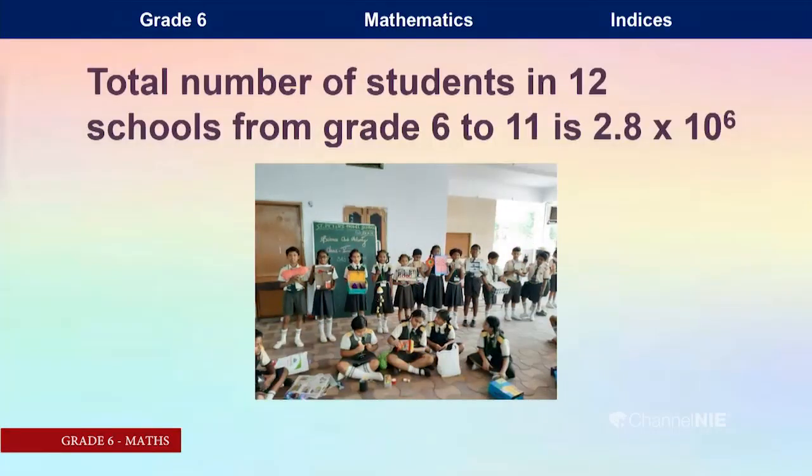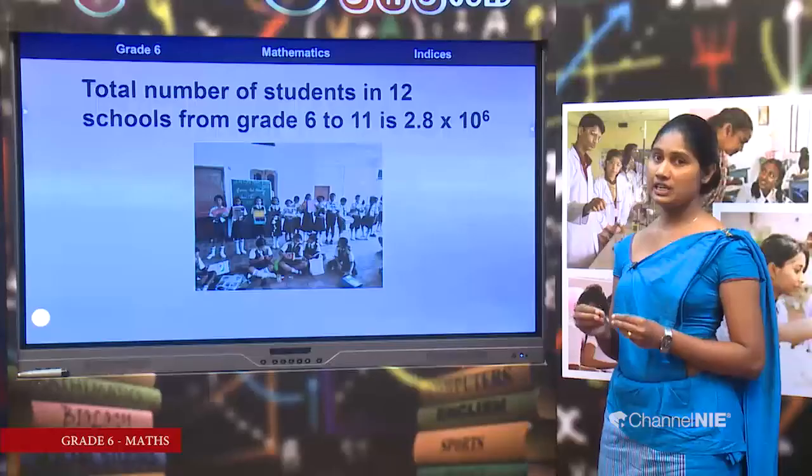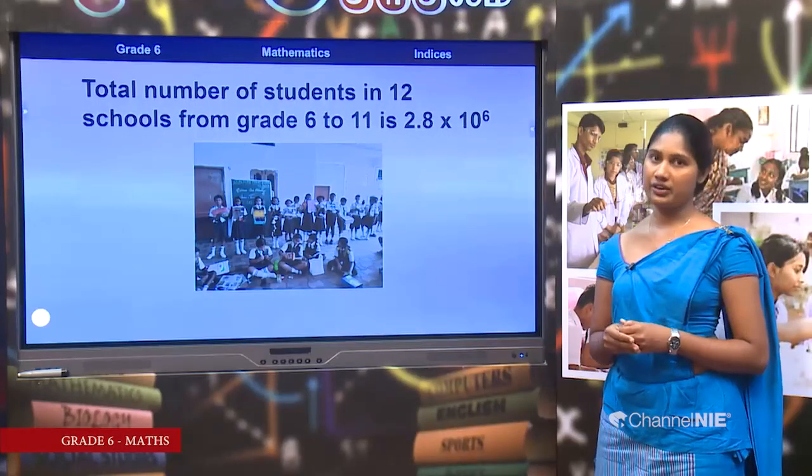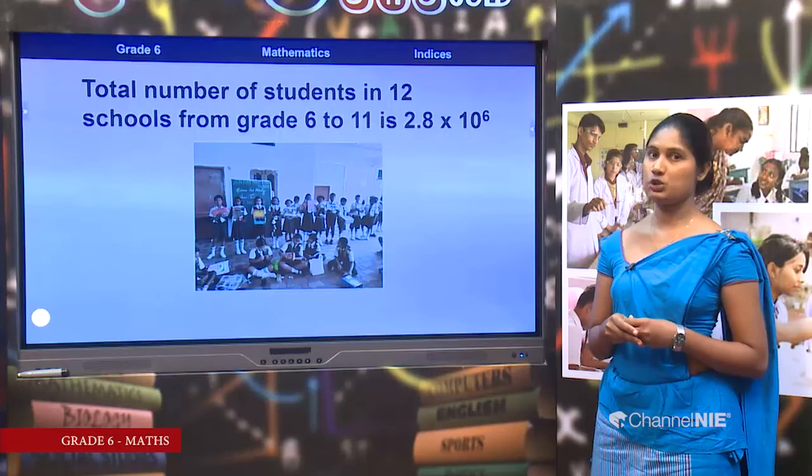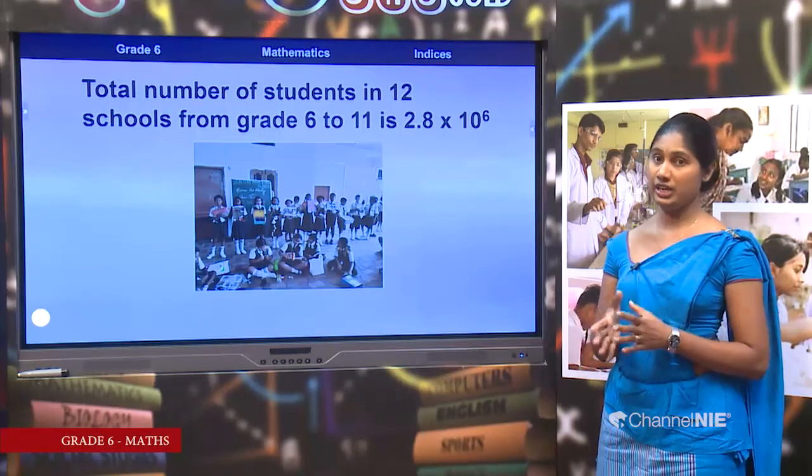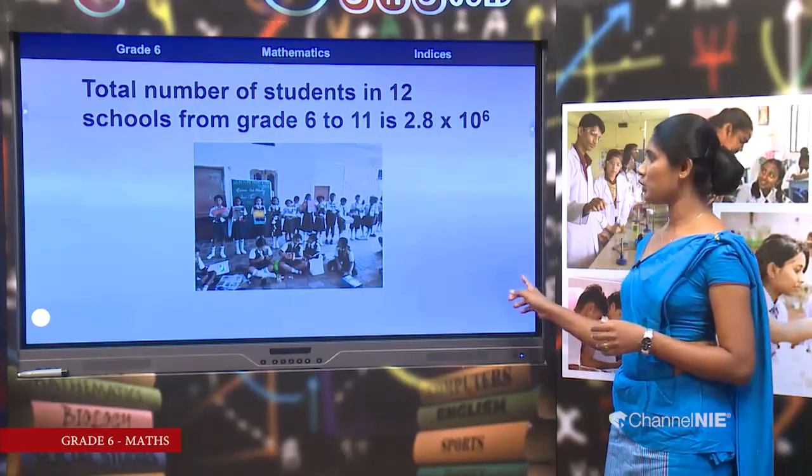Here, the total number of students in schools from grade 6 to 11 is 2.8 into 10 to the power 6. Here, we have learned about index notation, 10 to the power 6. That large number we can write using index notation.